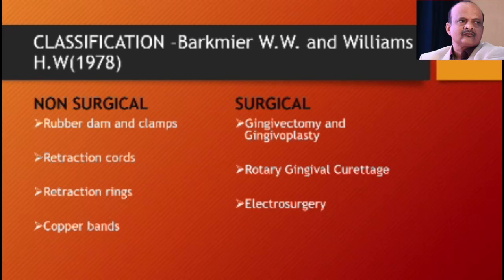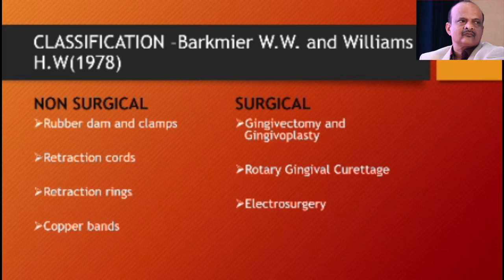Classification of soft tissue retraction by Barkmeier and Williams in 1978. They described them as non-surgical and surgical methods. In non-surgical, we have rubber dam and clamps, retraction cords, retraction rings, and the copper band technique.